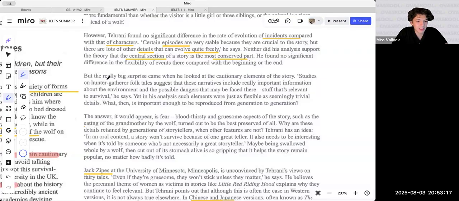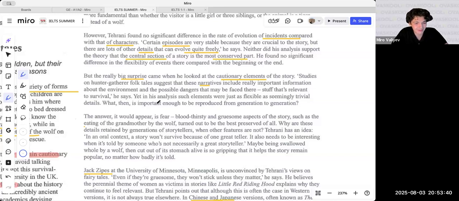But the really big surprise came when he looked at the cautionary element of the story. Studies on hunter-gatherer folk tales suggest that narrative, which means stories, includes really important information about the environment and the possible dangers that may be faced there.